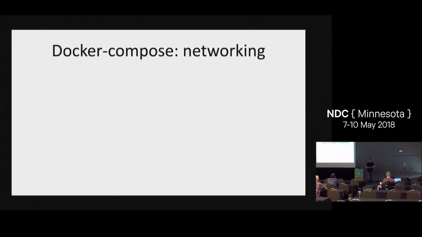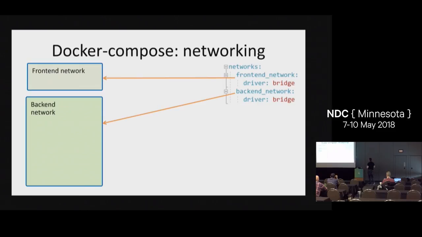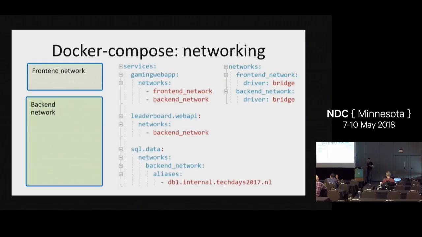Now, the cool thing is that I can even create multiple networks in my definition. So if I look here in my Docker Compose file, I can specify that I have something like a front-end network and a back-end network, both using a so-called bridge network, which means that containers can just talk to each other and not outside that particular bridge. And then you create these more or less networks, and you can have a container in multiple networks if you want.